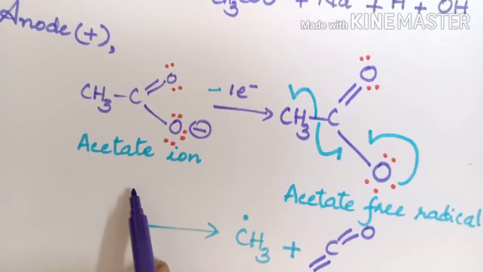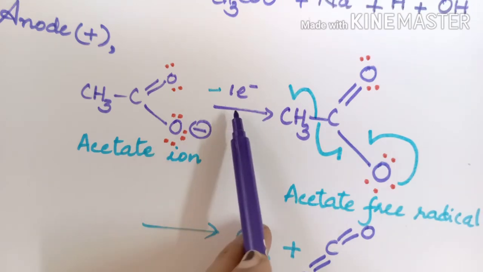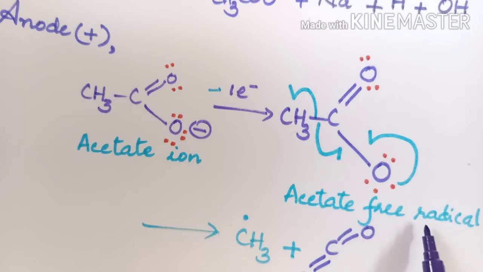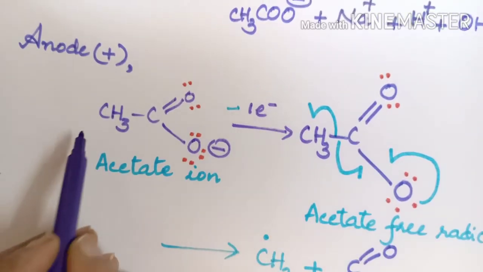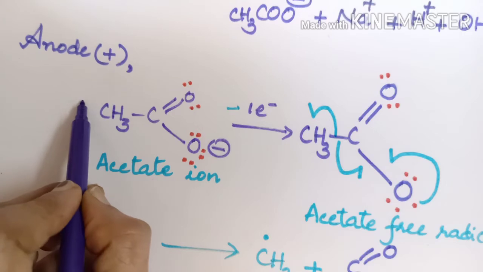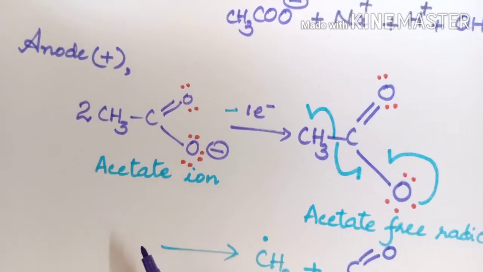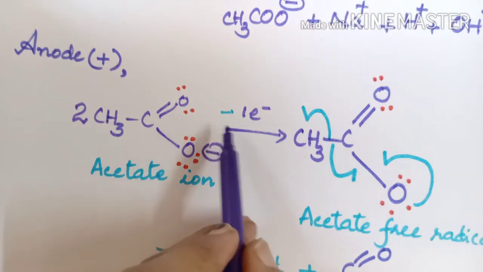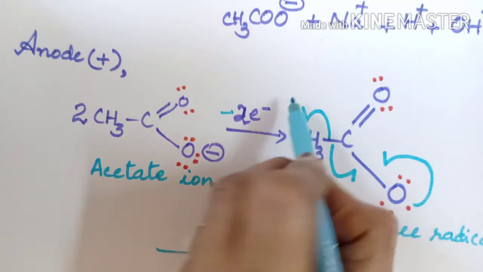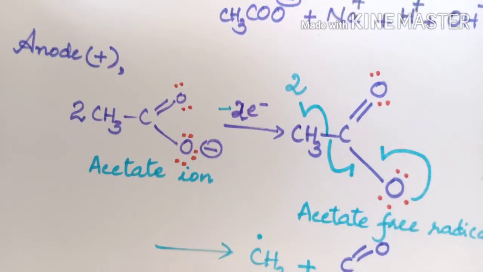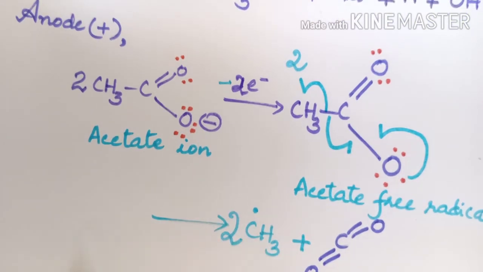So from one acetate ion, it loses one electron, forming the acetate free radical, which will rearrange and form a methyl free radical and carbon dioxide. We have taken two molecules of sodium acetate, so two acetate ions are used up, removing two electrons to form two acetate free radicals, which will result in two methyl free radicals and two carbon dioxide molecules.